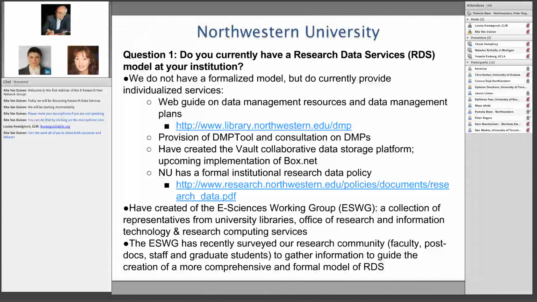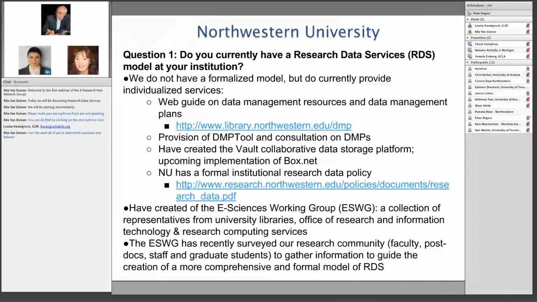One of the things we've done within the last couple of years is we created the eSciences Working Group, which is a collection of representatives from the libraries, the Office for Research, and Information Technology and Research Computing Services. That's helped us look at data management from many different sides, which has been really useful, I think.